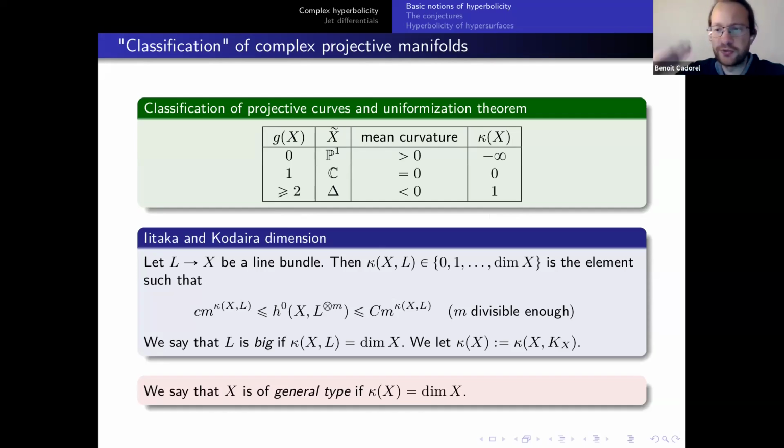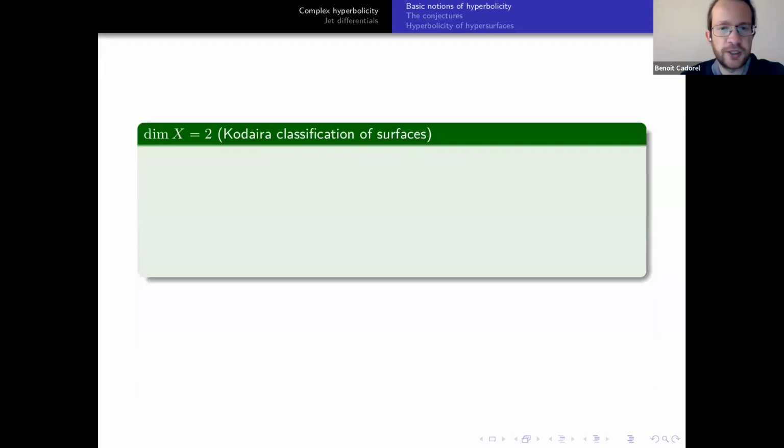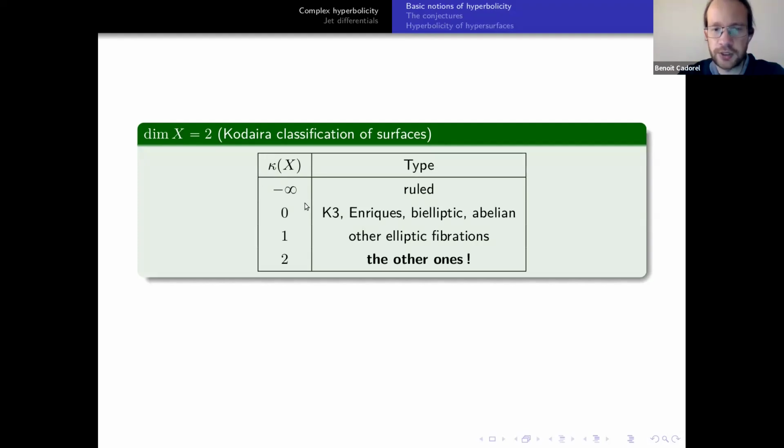If we try to climb up in dimension, we have the case of surfaces, the next case. Here we have the Kodaira classification of surfaces, which tells you that you can look at the minimal models of surfaces, the ones with the nef canonical bundle, at least with the Kodaira dimension inside nef.